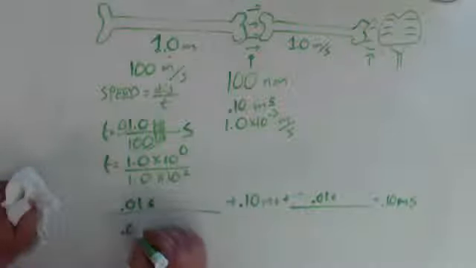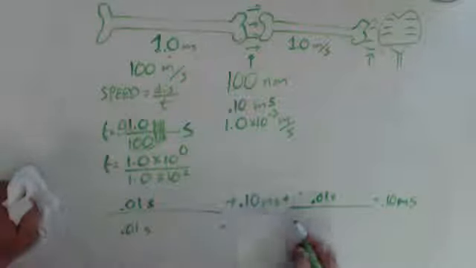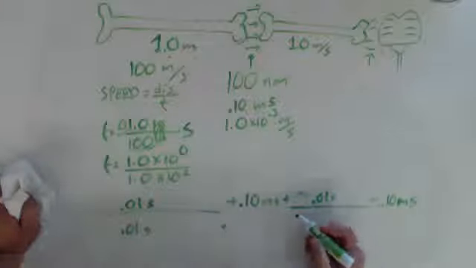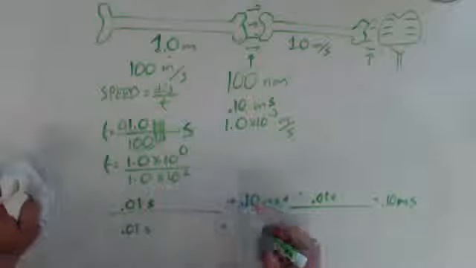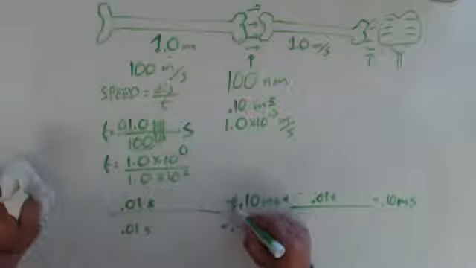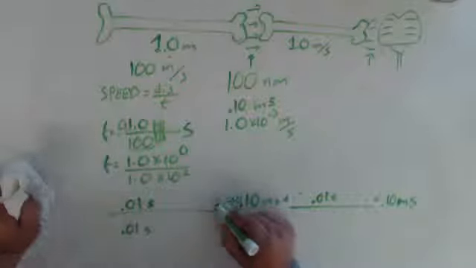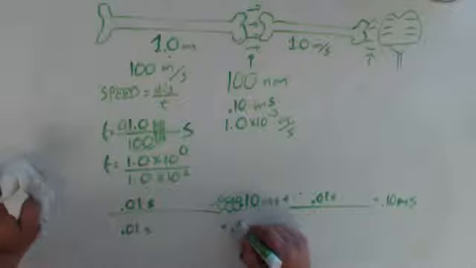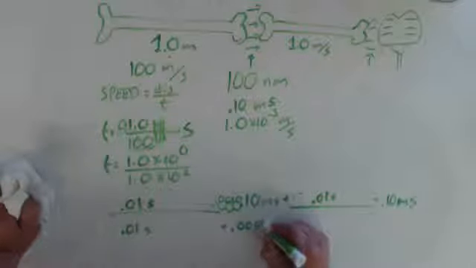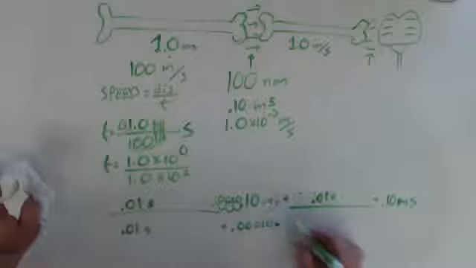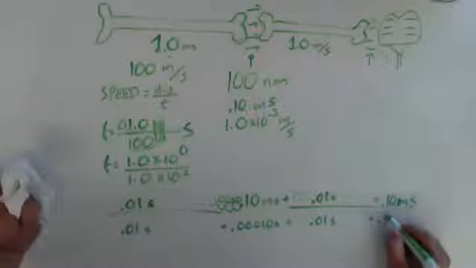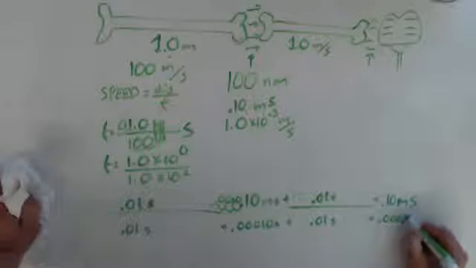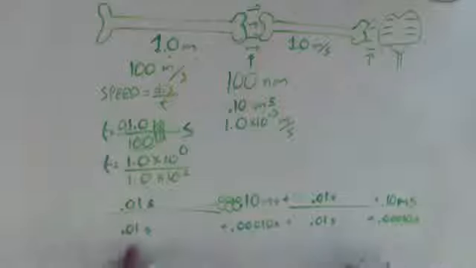So 0.01 seconds plus milli, 10 to the negative 3. That means this decimal place is going to move this way 3 places. So 1, 2, 3. 0.00010 seconds plus 0.01 seconds plus 0.00010 seconds.